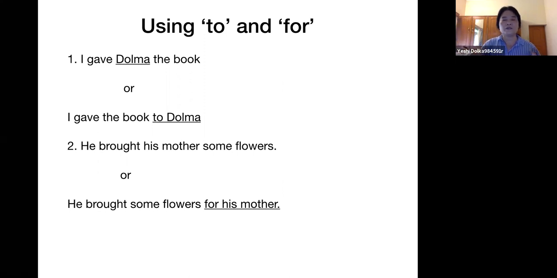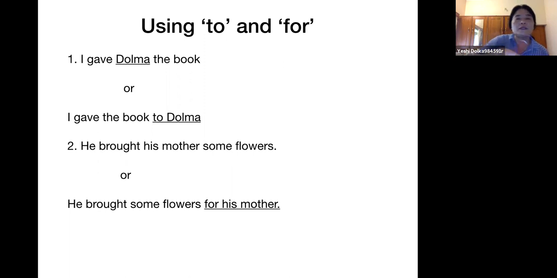All right. So he brought some flowers for his mother. So this to and for can be used before the indirect object, and you will get a sentence which means the same thing. I gave Dolma the book.